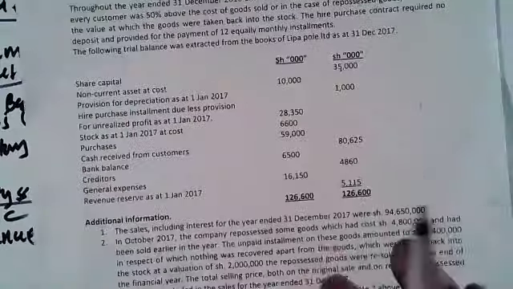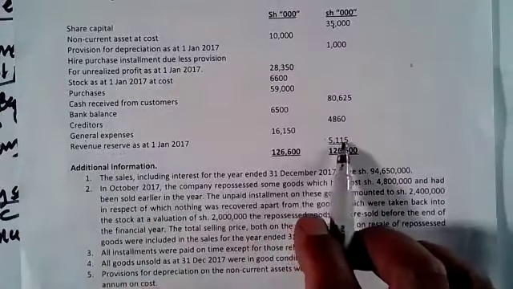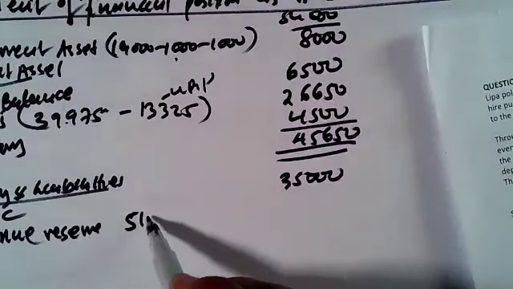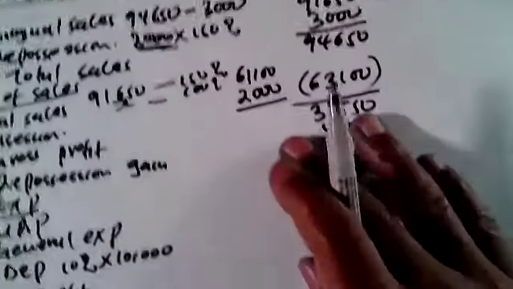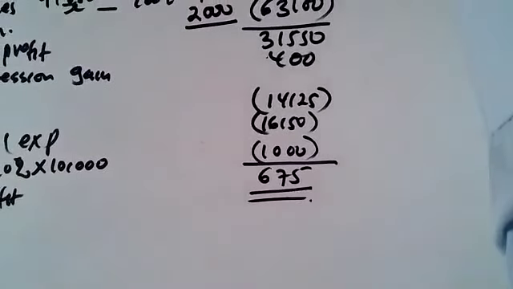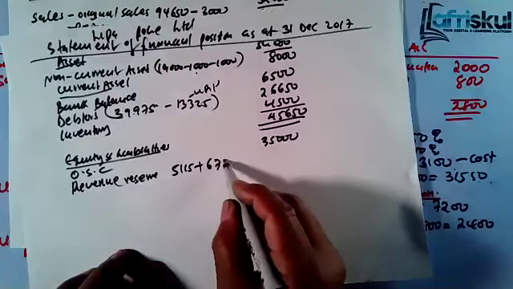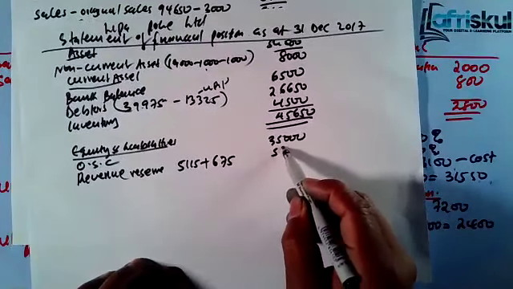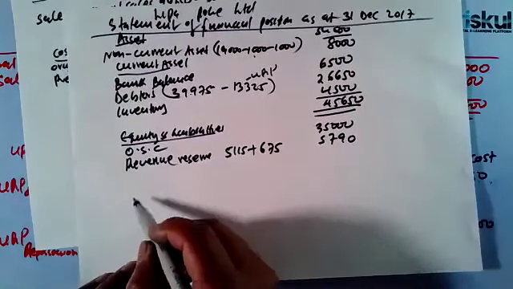Then we have the revenue reserves and retained earnings, so it was 51.15. You add the profit for the year, which we found to be 675. So you add 675 and you'll get 57.90. Then for liability, we only had creditors.